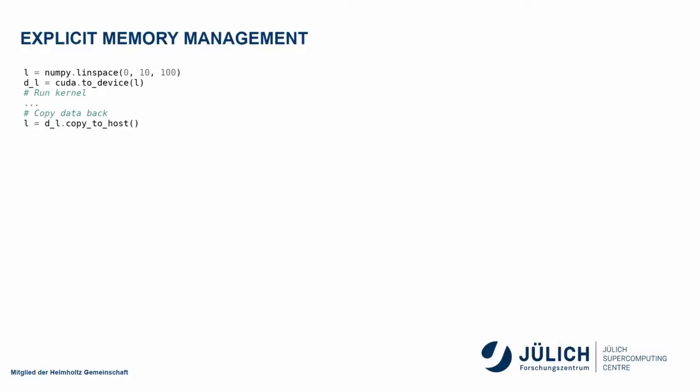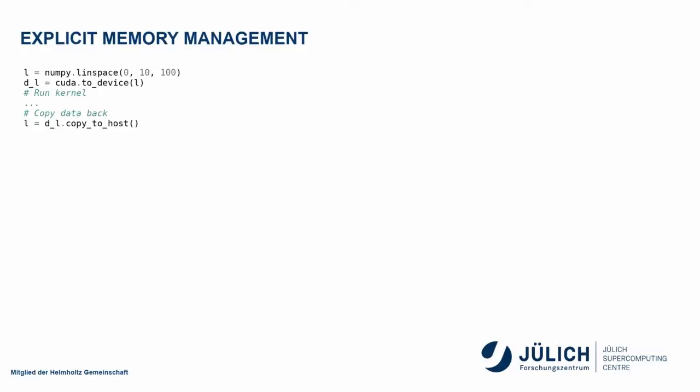So I can transfer data explicitly with the command CUDA to device. It's one of the typical patterns. You would allocate memory on the GPU and then would transfer some CPU data to the GPU. This command does it all in one go. So it allocates data on the GPU and transfers it at the same time and then gives a pointer to that data back.